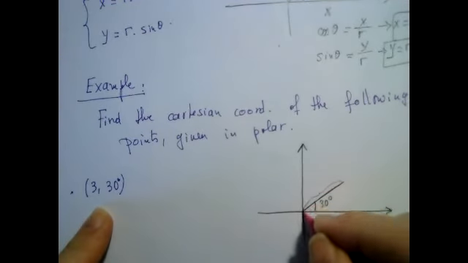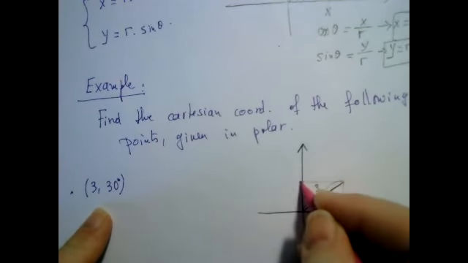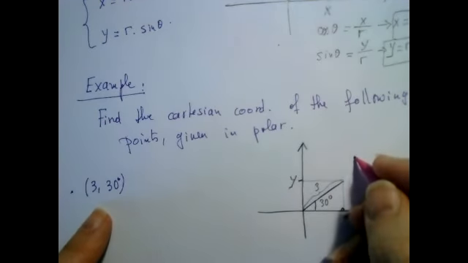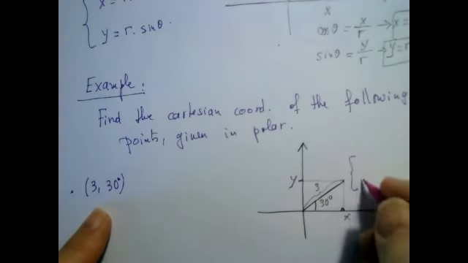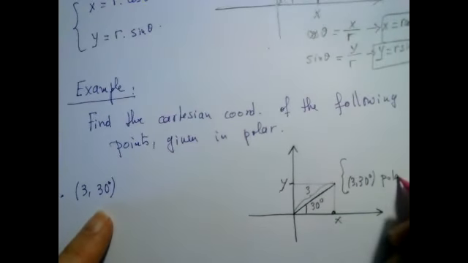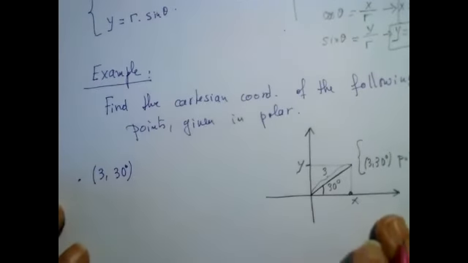And from here to here, it's 3. What I want to find is this one and that one. So I want the Cartesian. So this point so far is 3, 330 polar. So I'm writing here polar to tell you that's in polar coordinate. Now I want to find them in Cartesian.